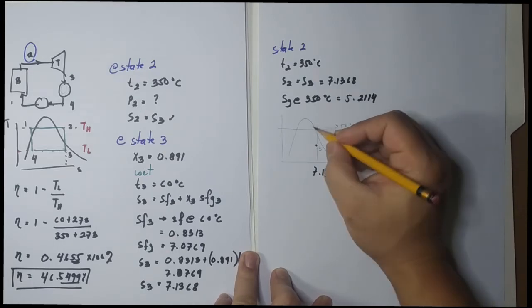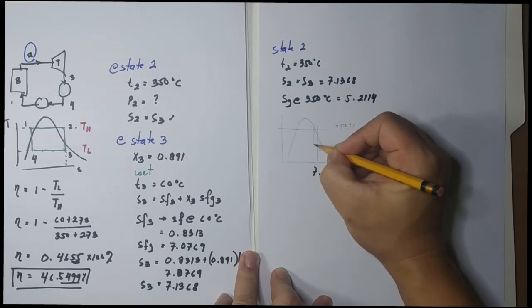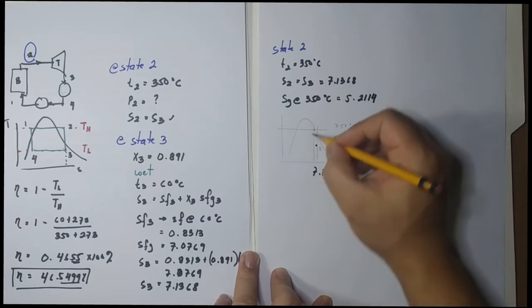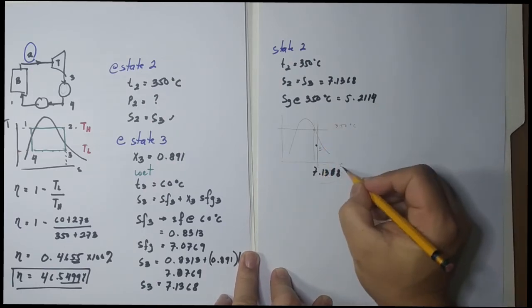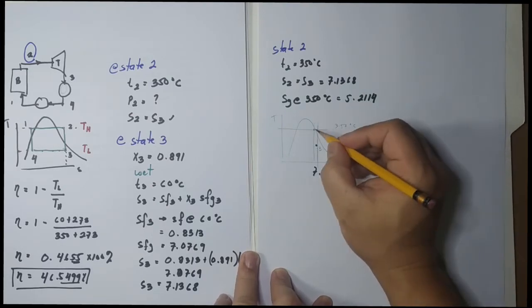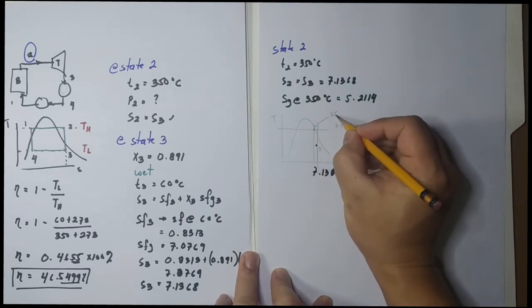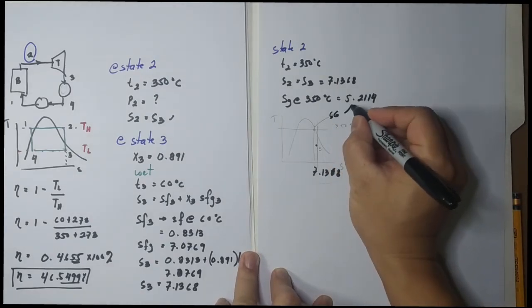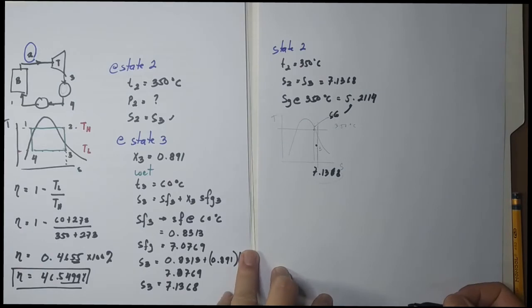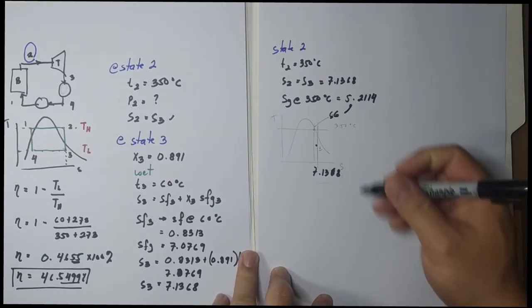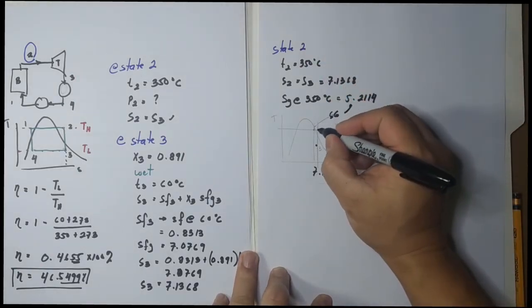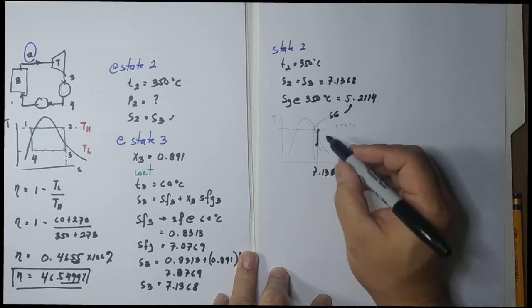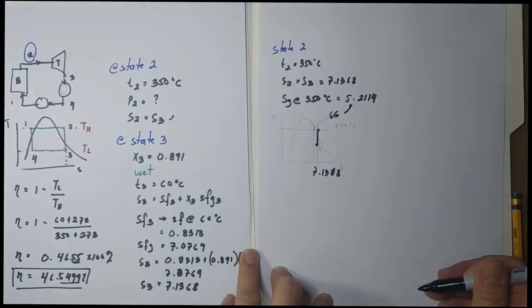Ito yun, di ba? Ang SG mo ay mas mababa, exaggerate natin. Kasi ito yung S, ito yung T. At ang SG mo dito ay, ito yung SG. Pero, ang point 2 natin ay nandito. Sure tayo na nandyan. Kasi nga parehas sila doon. Okay? So, ibig sabihin nun, superheated yan.